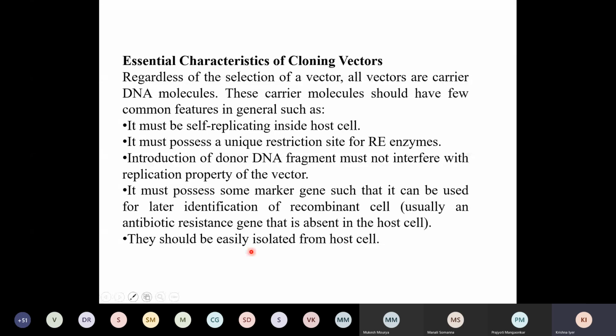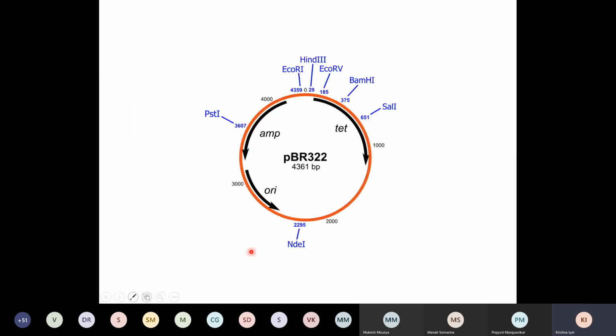In that regard, one very famous plasmid is referred to by the name pBR322. In this name, the P refers to the fact that it is a plasmid. Then BR are the two initials of the scientists who actually came up with this plasmid, who actually synthesized this plasmid.